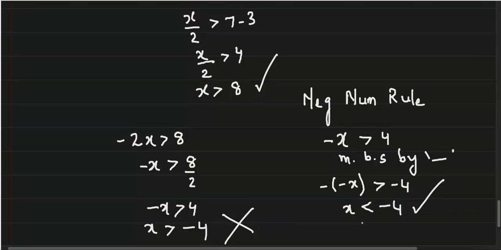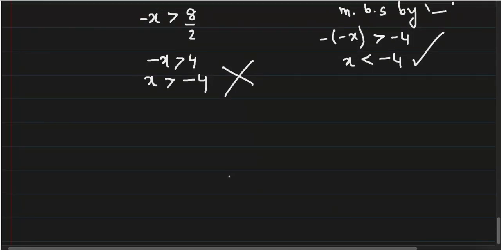This is the answer. So the rule says that when you multiply or divide by a negative number, the inequality sign flips. It means whenever there is a less than sign, it becomes greater than. Whenever there is a greater than sign, it becomes less than, and less than or equal to, greater than or equal to, similar.